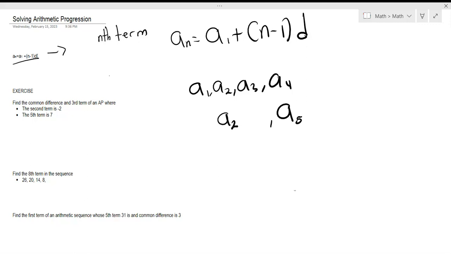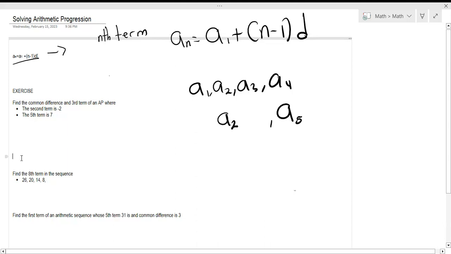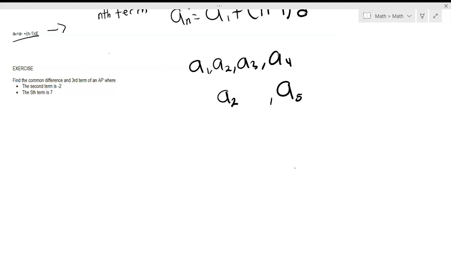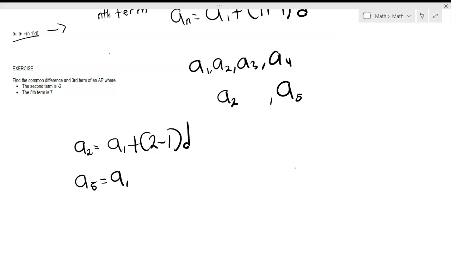So how do we go about this? Always remember the general formula, an is equal to a1 plus (n minus 1)d. So a2 will be equal to a1 plus (2 minus 1)d, and a5 is equal to a1 plus (5 minus 1)d.